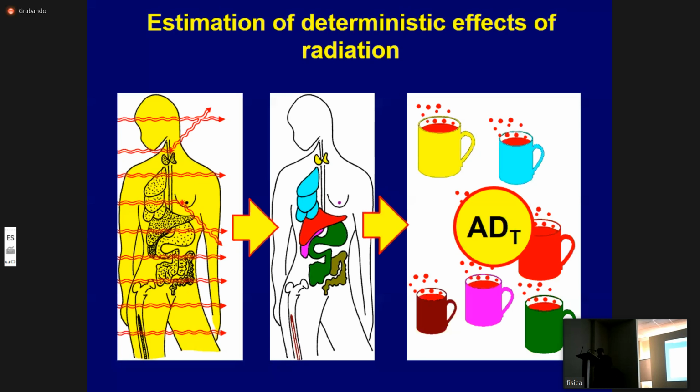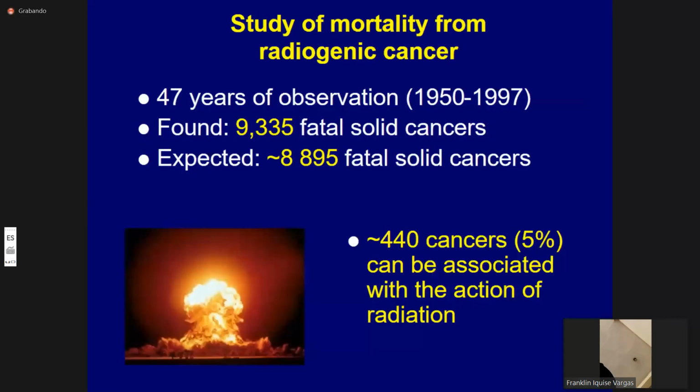The consequence of this phenomenon is the different colors of the cups, representing the dependence of RBE on the properties of the radiation and the properties of the irradiated organ. So these cups have each organ's own.